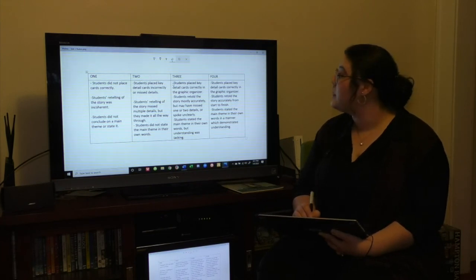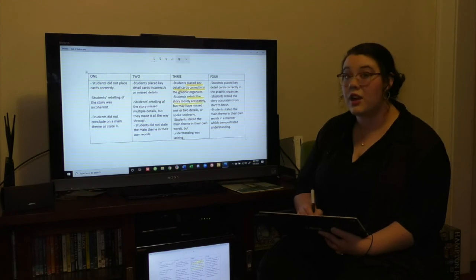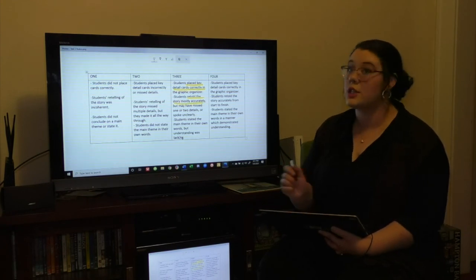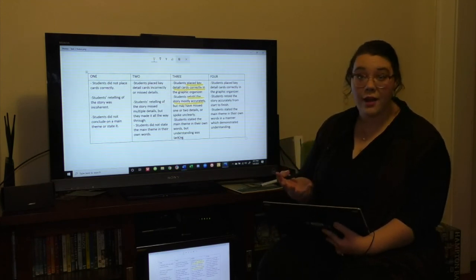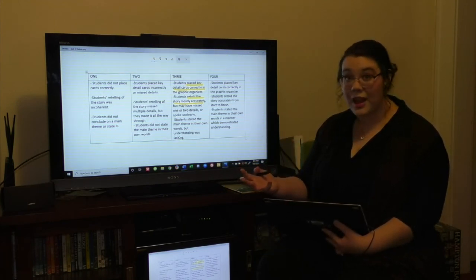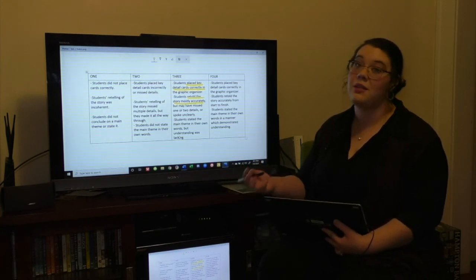You have to place your detail cards in the right spot when I give them to you. You have to retell the story as accurately as you can, okay? Just like we did together. We just went through it. We went through what happened in the beginning, what happened after that, what was the next big thing, and finally what happened in the end, okay?